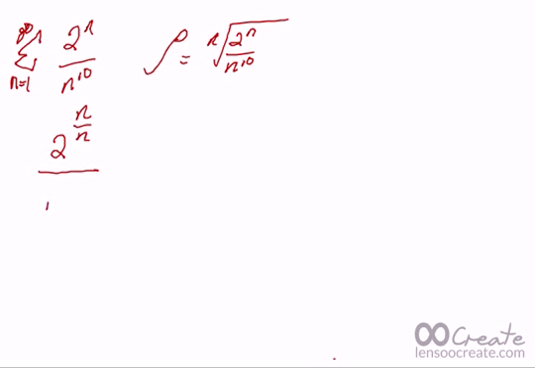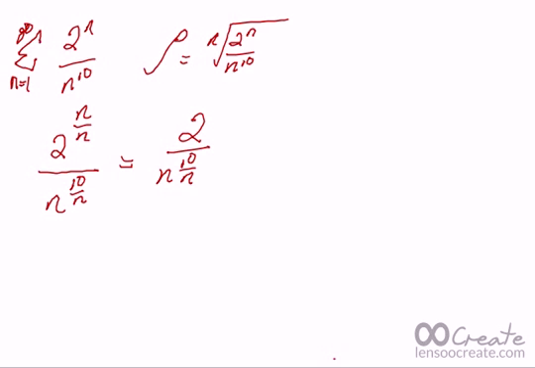So we here did the root test as well. And so that was the nth root of 2n over n to the 10th, which, if you do what I do, I'm just going to rewrite as 2n over n divided by n to the 10 over n. And that's going to leave us with 2 to the 1, which is simply 2, over n to the 10 over n.